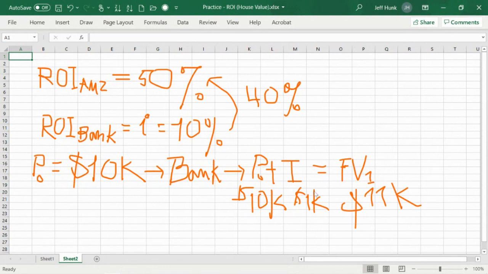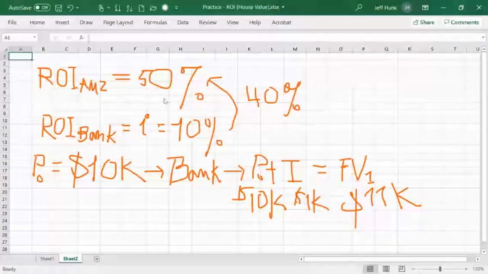Interest rate of 10%, which is 1K, 1,000 in dollars. So in dollars, the bank got 5K from investing 10K into Amazon, and out of 5K, they pay you 1K.